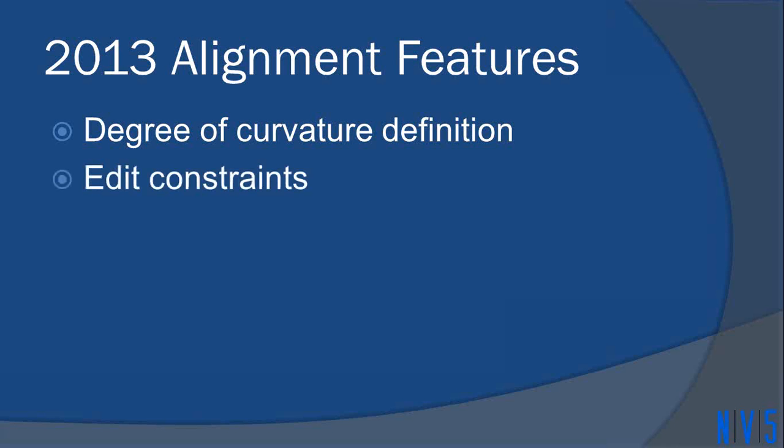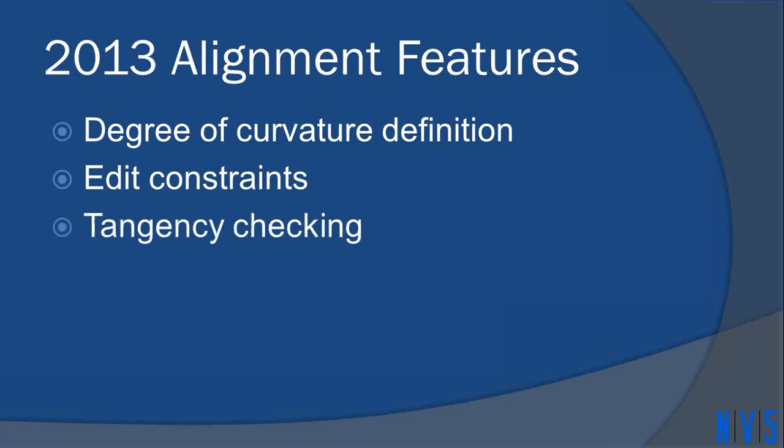Other things we're going to look at is we can now edit the constraints of segments in an alignment, so we can change curves from free curves to floating curves or to fixed curves. Same thing with the tangents, and we'll look at some of the settings that allow us to do that.